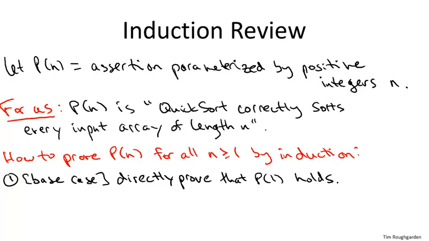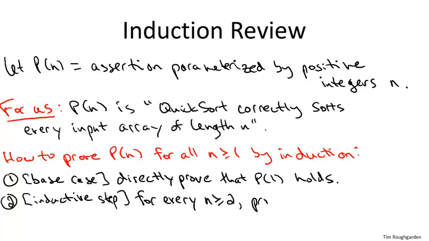So the non-trivial part of a proof by induction is usually the inductive step. In the inductive step, you look at a value of n not covered by the base case, so a value of n bigger than 1, and you show that if the assertion holds for all smaller values, then it also holds for the integer n.